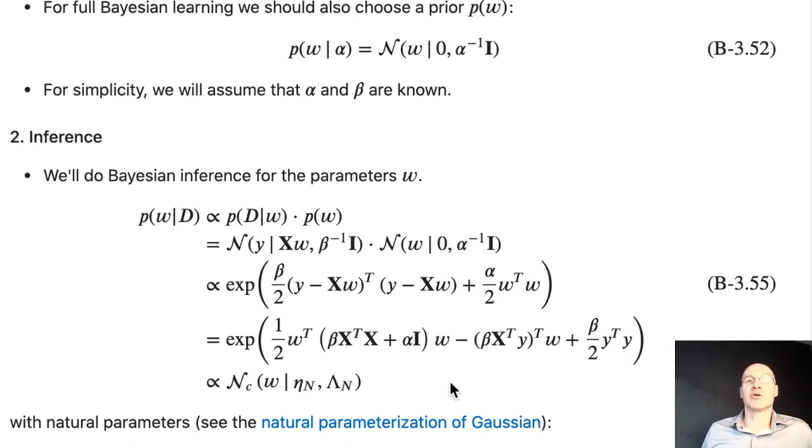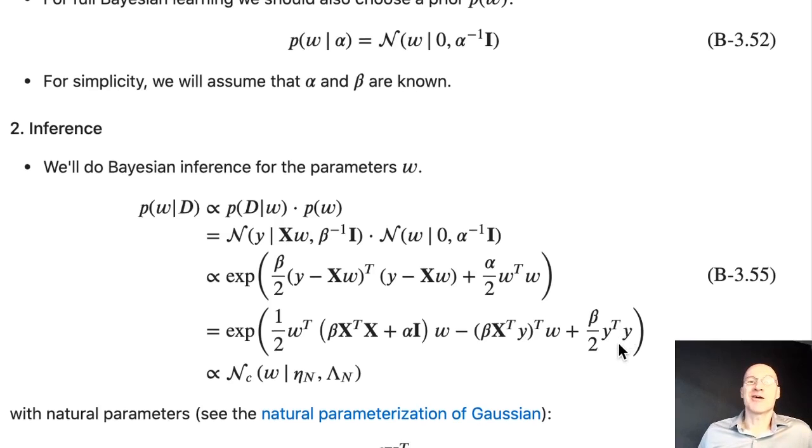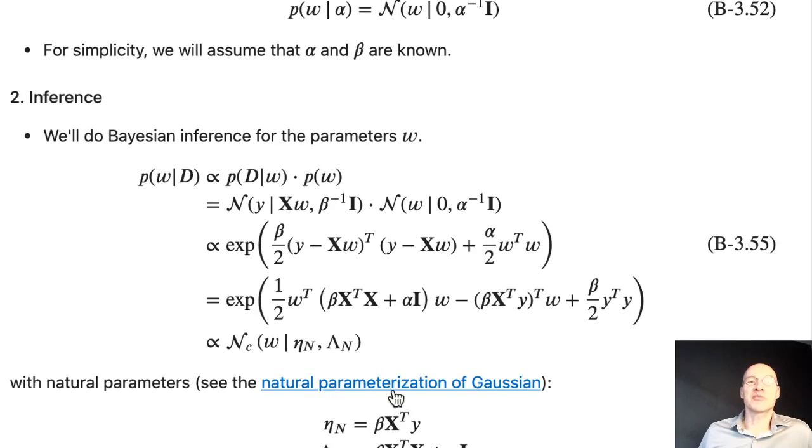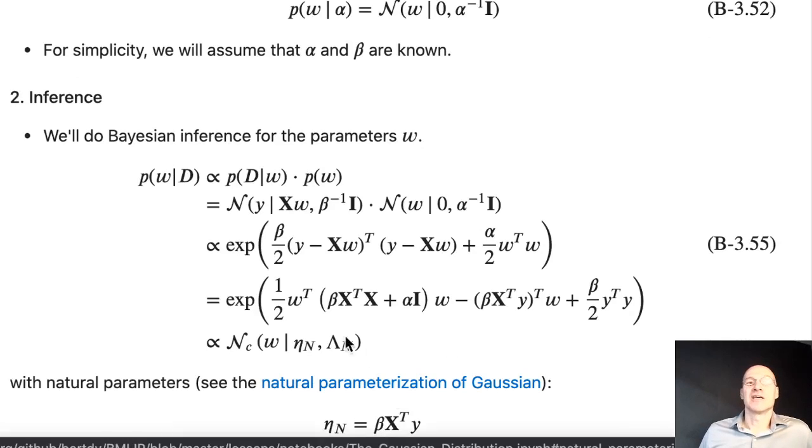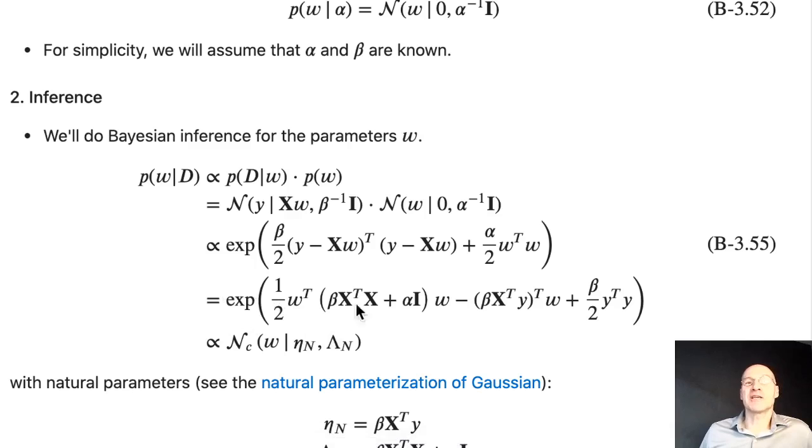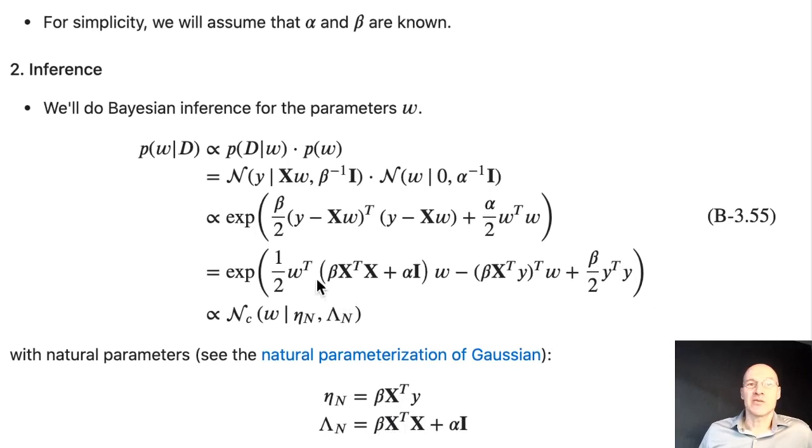I'm going to get a second order polynomial in W: half times W transpose something times W, and this is a linear function of W, and this is not a function of W. Now, if you go back to your Gaussian class and look at the natural parameterization of the Gaussian, you'll see that we can also write the Gaussian in this way with this second order polynomial. And then you'll see that what's in between this W transpose and W is exactly the new precision matrix.